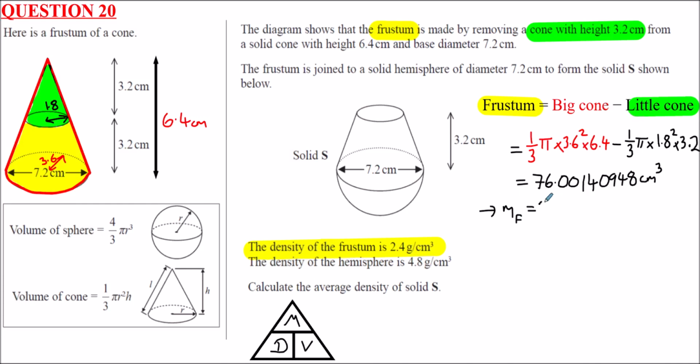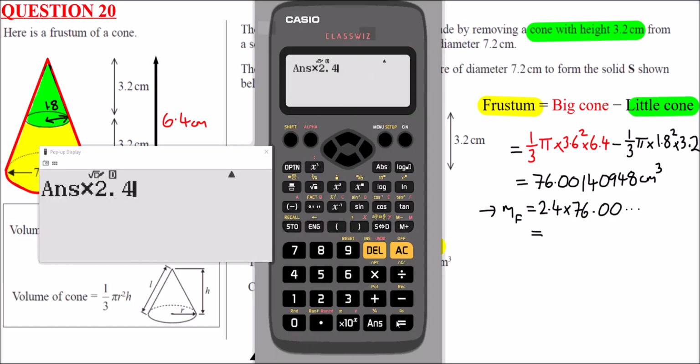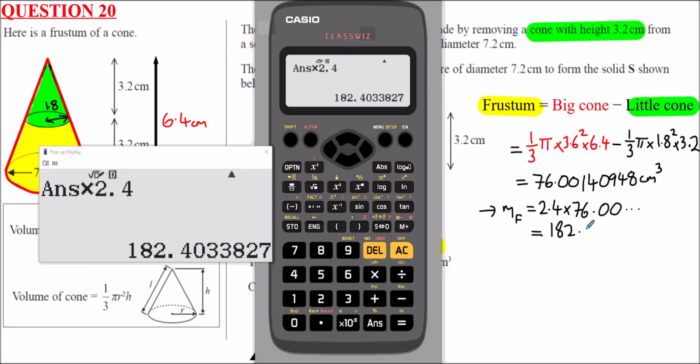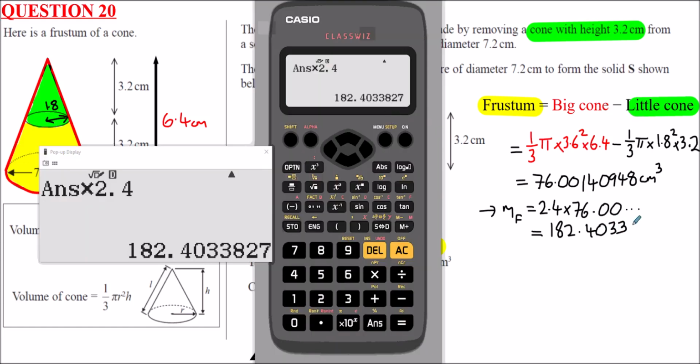will be 2.4 multiplied by the 76.00 whatever. So just take this times by 2.4. We get here 182.4033827 grams.